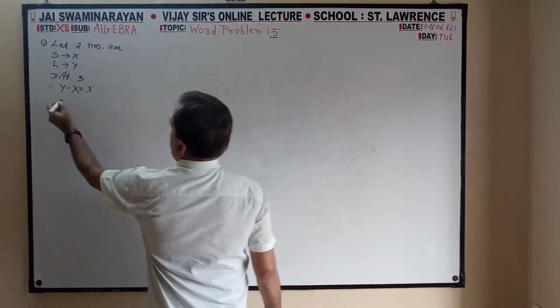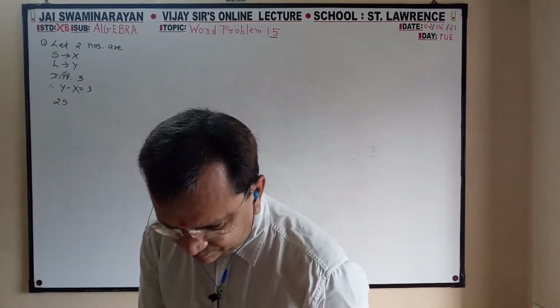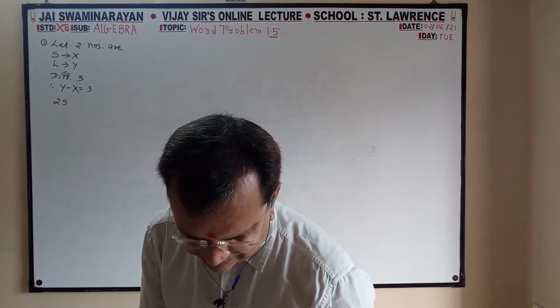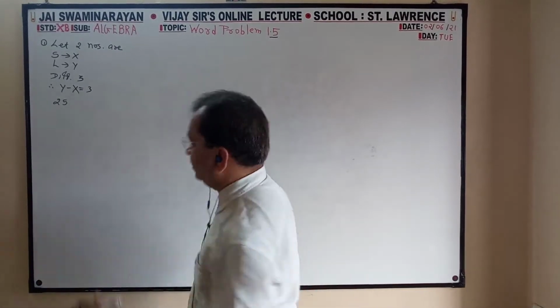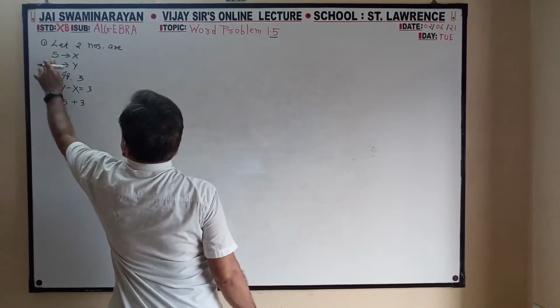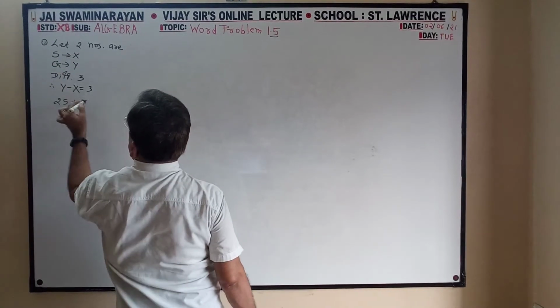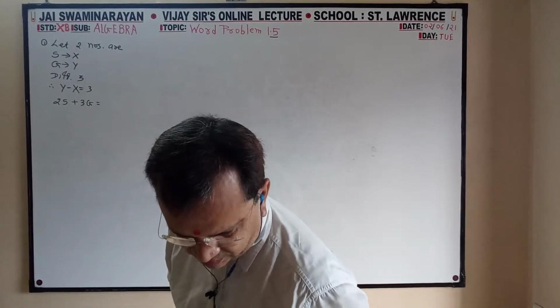Twice the smaller, the sum of twice the smaller and thrice the greater. They used greater, so greater is y, and the sum is 19.